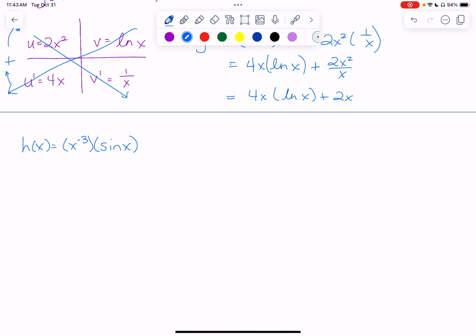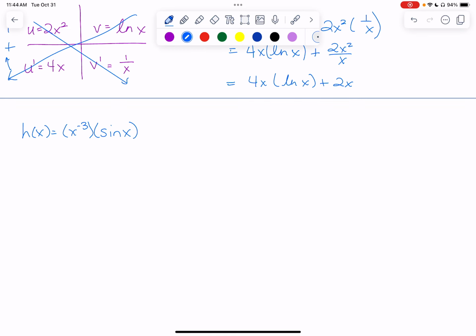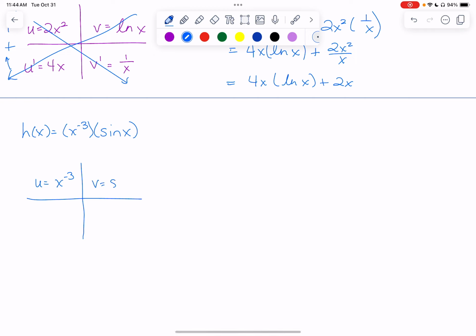Appears I've changed colors. So here again, I can see that I have my two separate functions, right? I have this x to the negative 3 and I have a sine x function. And so I'm going to make my little crisscross. I'm going to say u equals x to the minus 3. V equals my sine x.